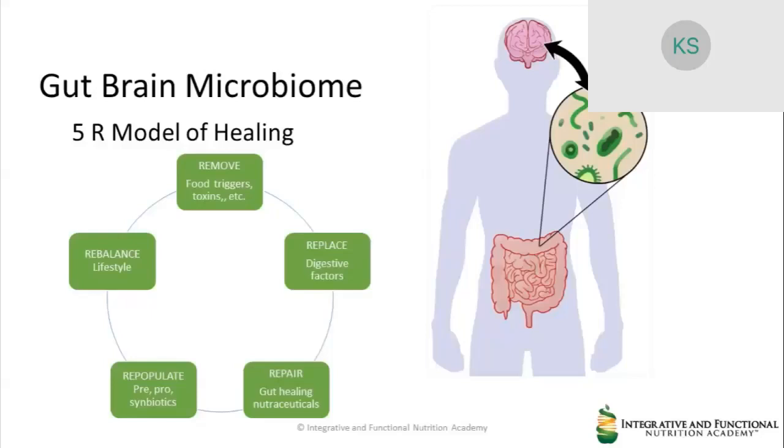Learning how to implement a 5R program of digestive healing, as you see here: remove food triggers or toxins, replace with digestive factors, repair with gut healing nutraceuticals, things like perhaps glutamine or other repair nutrients, repopulate with pro or symbiotics, and of course rebalance, helping to rebalance one's lifestyle.